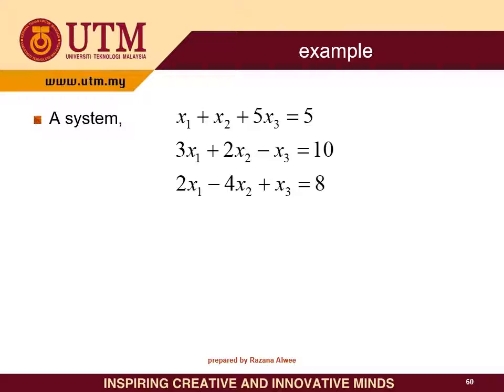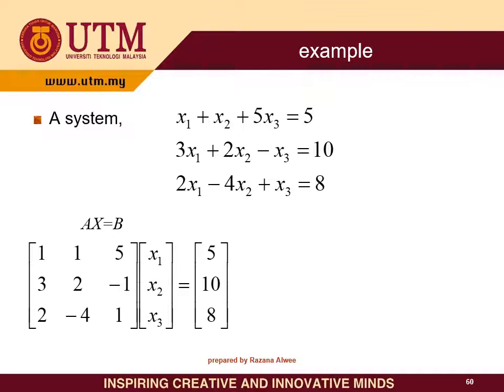Okay, how to convert from the matrix form to the augmented matrix? This is the example. So they give you a system. We have x1, x2, and x3. And for Ax equal to B, if you have no numbers here, x1 and x2, it is 1.